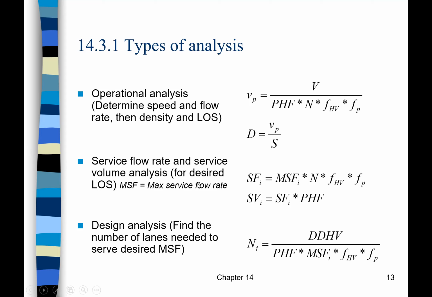The second one is to plan or wish to have a facility that serves a desired level of service. For example, if you wish the facility to accommodate level of service C, how many lanes should be here?